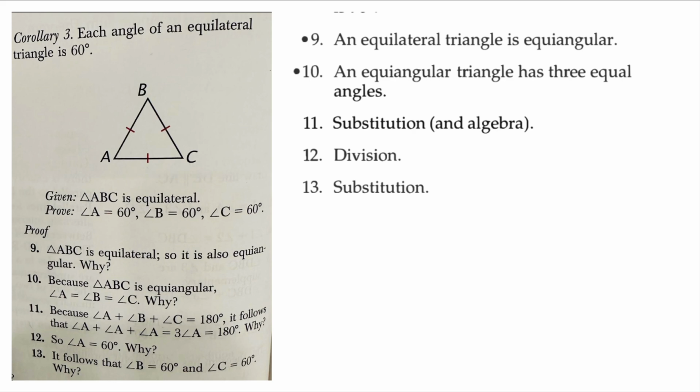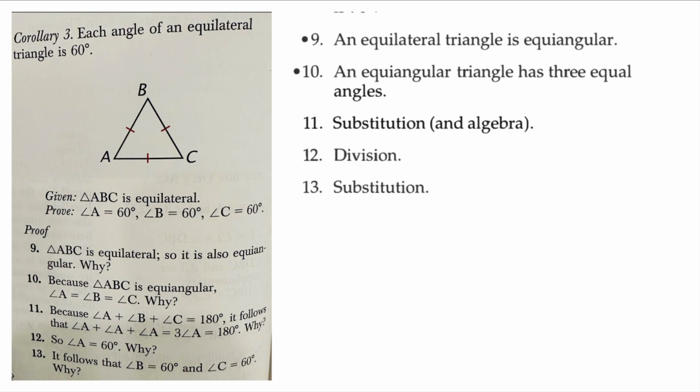Well, the equiangular triangle has 3 equal angles. Number 11. Because angle A plus angle B plus angle C equals 180 degrees, it follows that angle A plus angle A plus angle A, the same thing as 3A, equals 180 degrees. What did they do? They substituted A for B and A for C.